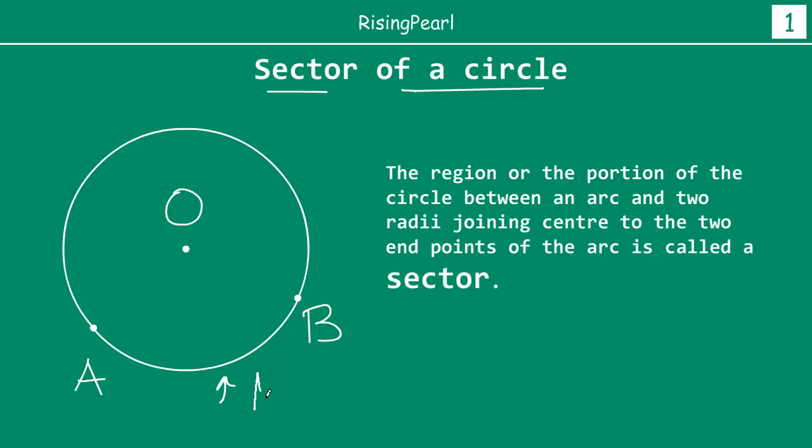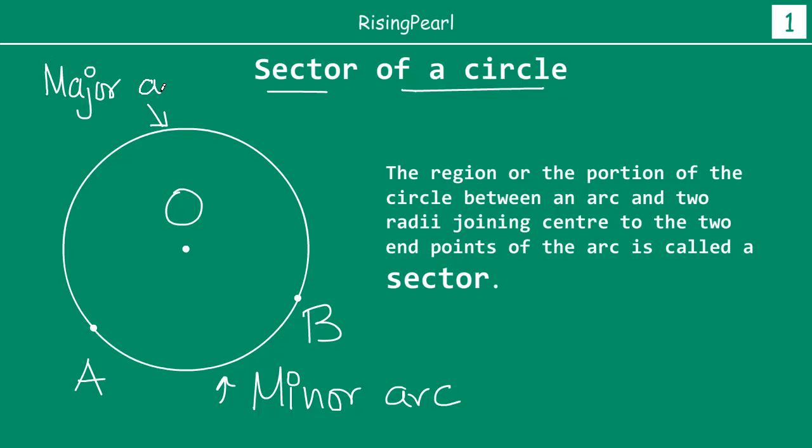This is called minor arc, because when you take any 2 points, it divides the circle into 2 parts. One is AB and then the other part of the circle is BA. So the smaller one is minor arc, and the bigger part of the circle, which is BA, which is this one, that will be the major arc. Right?